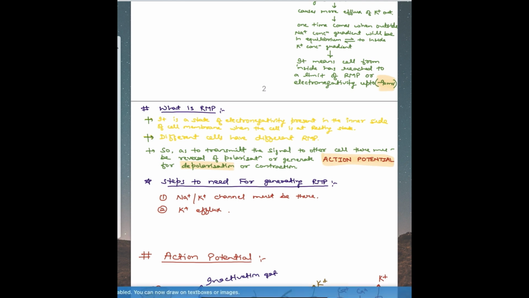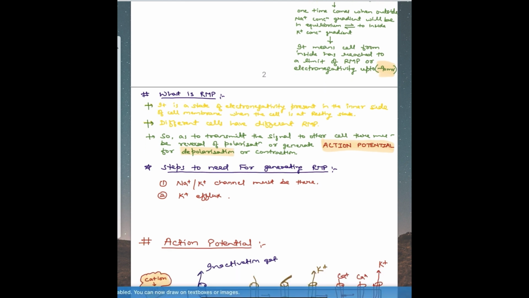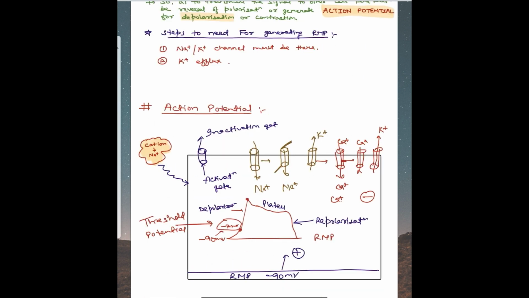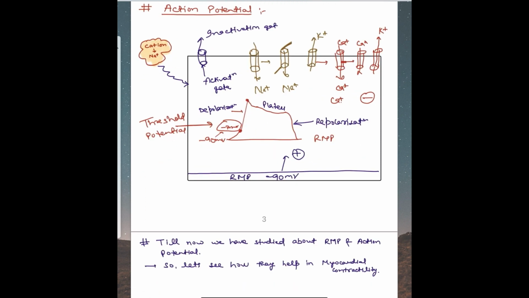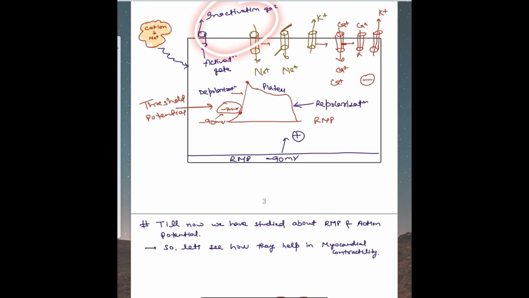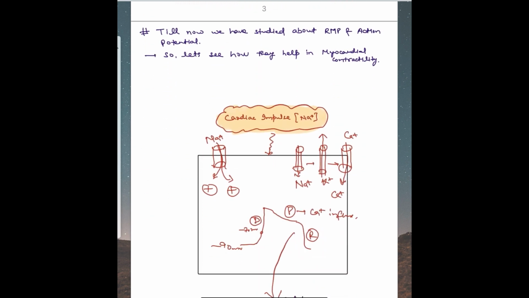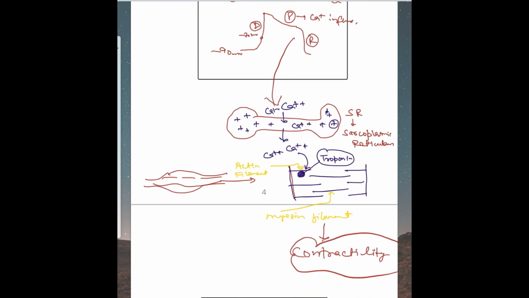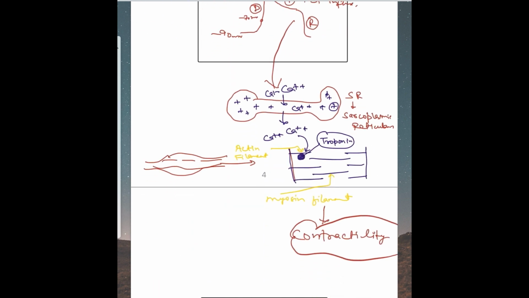We have discussed the two steps needed to generate the resting membrane potential and the action potential, and how the action potential is helpful in generating cardiac contractility. Thank you.